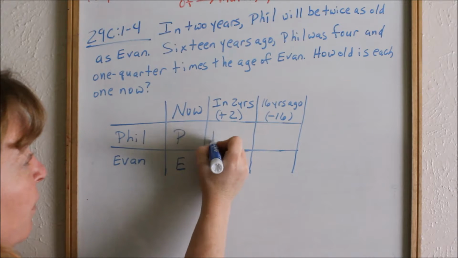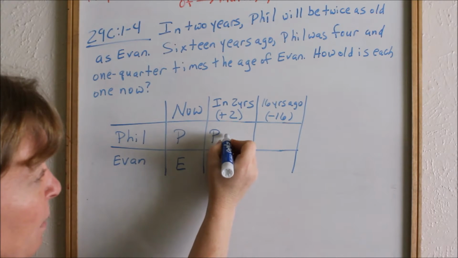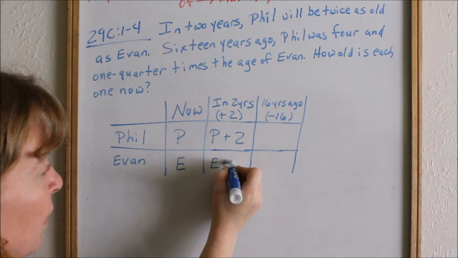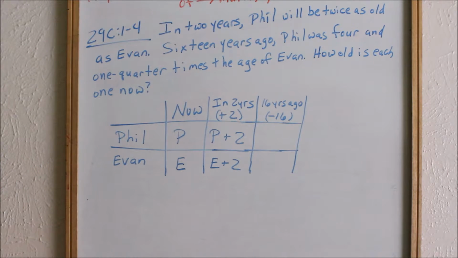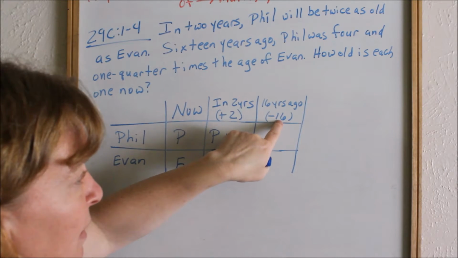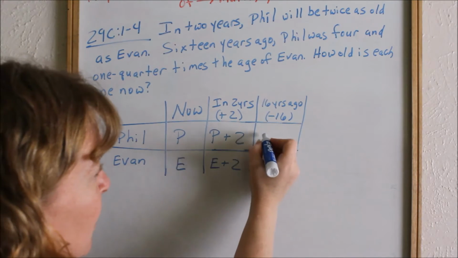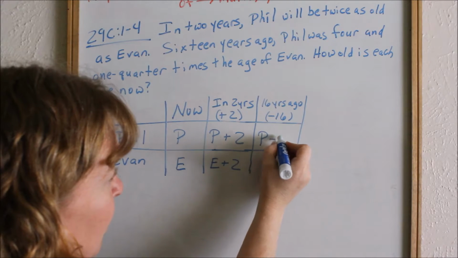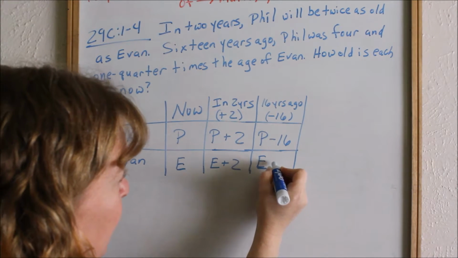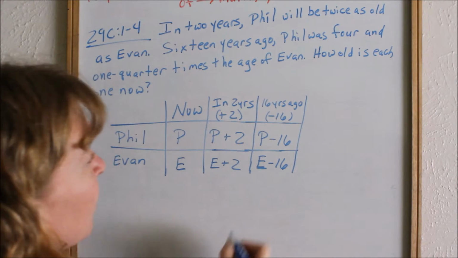So we take Phil, whatever he is now, that's represented by P, plus 2. Evan, how old is he now? Plus 2. Then the problem also talked about 16 years ago. So 16 years ago, that's minus 16. That's in the past. So we take Phil's age now, which is P, then minus 16. We take Evan's age now, which is represented by E, minus 16.